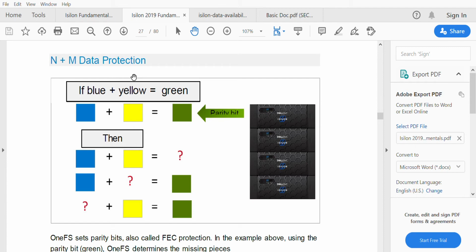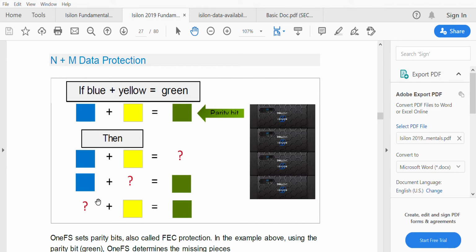So here in this example, you have blue, yellow and green, and the green is a parity. So when there is a loss of data in between, let's say if the yellow goes off, then we will be able to get the data of yellow by subtracting the blue from green.